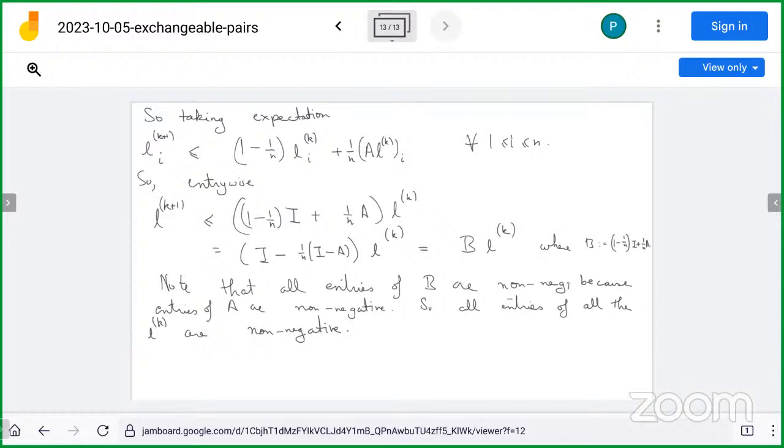So if you get some bound on the... So what the point is? What I would want to say is that B is a contraction. So the norm is contracting, and so all the entries will also be smaller than the norm. I think it sounds like that, but just keep track of it.